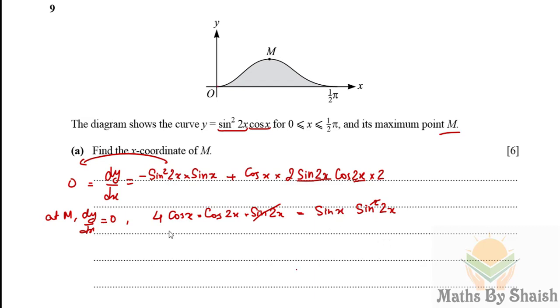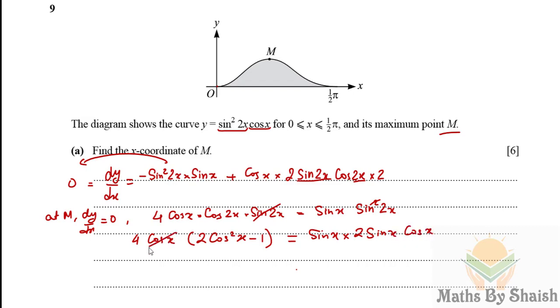Here we are going to convert them into one trigonometric ratio anyhow. What I can see is that we can convert this cos 2x and sin 2x also. So let's convert this one by one. 4 times cos x, and cos 2x we can write as 2 cos²x minus 1, equals sin x multiplied by sin 2x, and the double angle of sine is 2 sin x cos x.